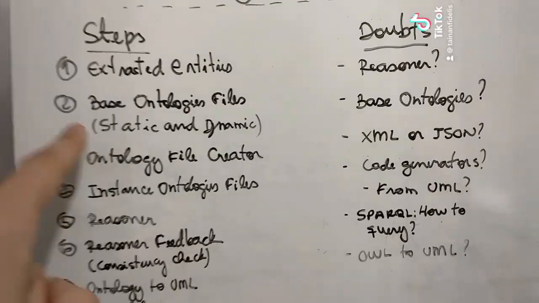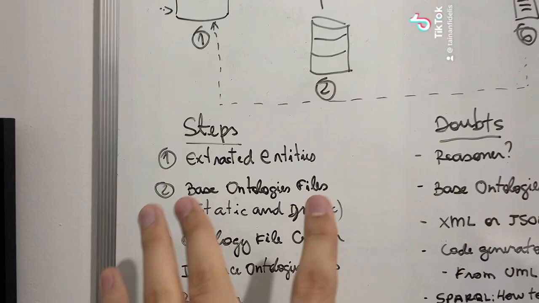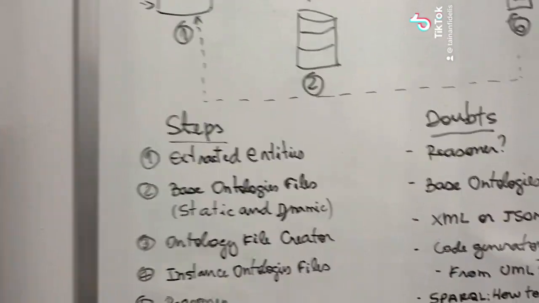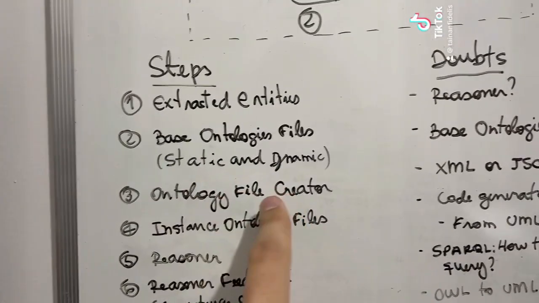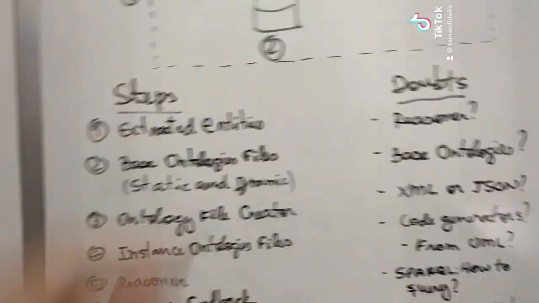So the main aspects and characteristics of the project, okay? After this, I'm thinking of reusing some base ontology files, and from these base ontology files, we could create an ontology file for this instance. Like in UML we have class, object, properties, relationships, I think we have to create base ontology files that would define the metamodel.